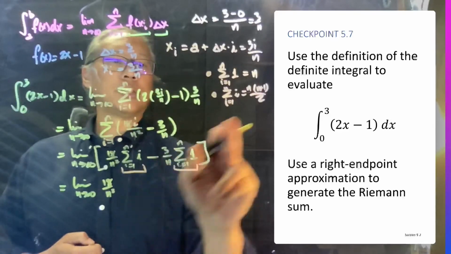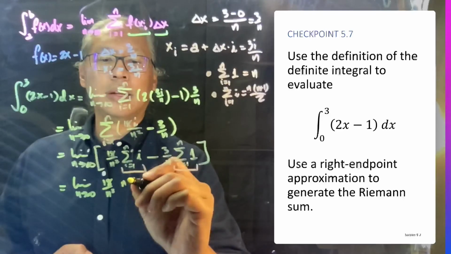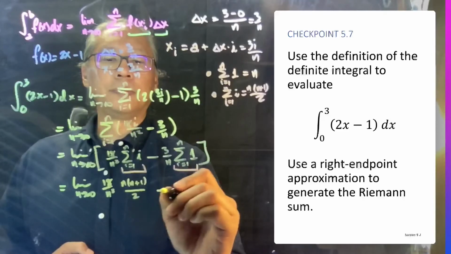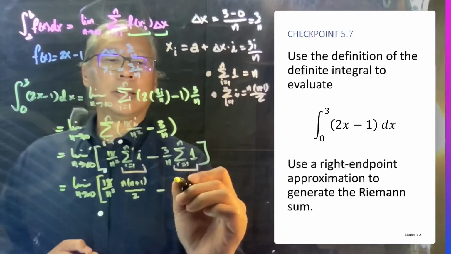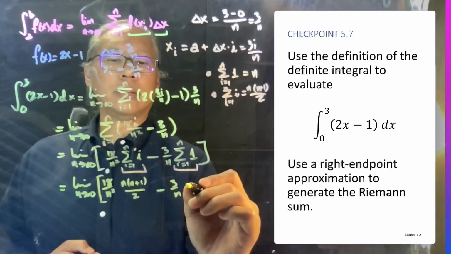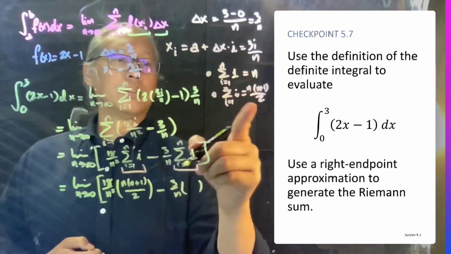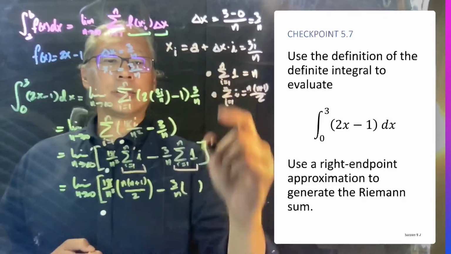And then this expression here is going to be n plus 1 divided by 2. And then here we have a 3 over n, and this expression here is going to be equal to n. That's the first one.